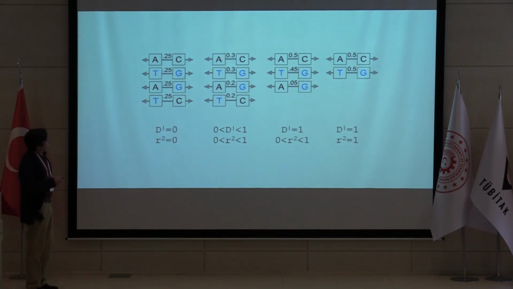Now, if there is a shift from the balance, there are clearly dependencies, and D prime and R squared are somewhere in the middle range. Here, see what's happening. There is full linkage. I never observe the fourth haplotype. But they are not fully balanced, so R squared is not 1, but D prime is 1, because there is no single recombination event here.